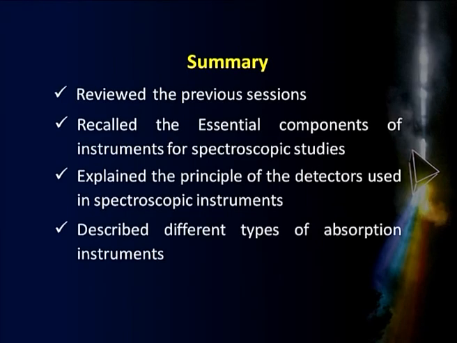Thereafter, we described different types of absorption instruments, wherein we talked about single beam spectrometers, double beam spectrometers and photodiode array based spectrometers. And towards the end, we talked about the setup of the essential components for a Raman spectroscopic measurement.